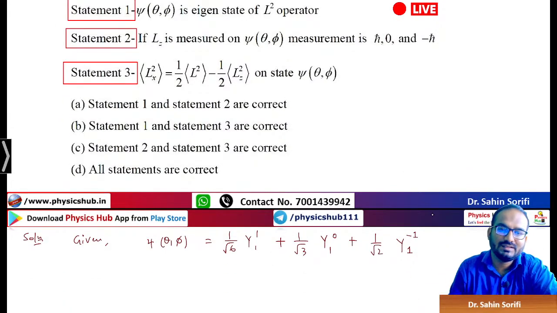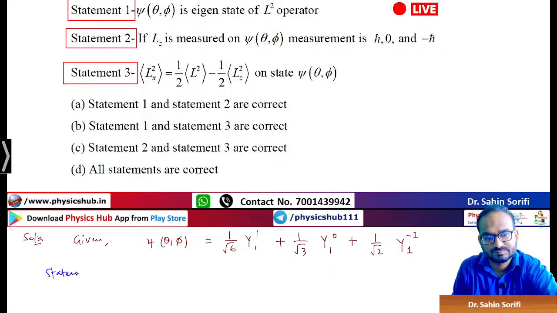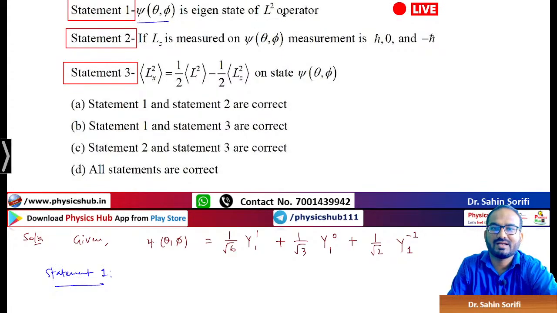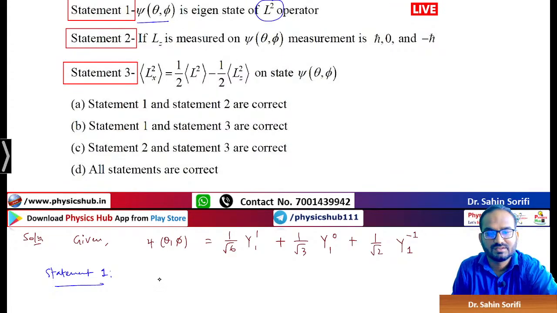Okay, so let's start with the first statement, statement 1. What does it say? Psi of theta phi is an eigenstate of L square operator. So if it is an eigenstate of L square, we can represent it as some constant times psi.